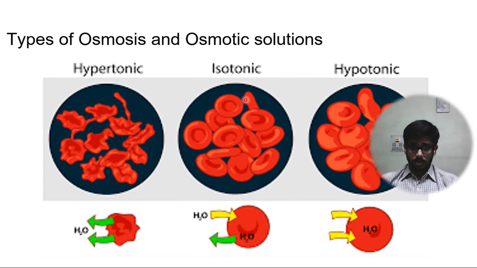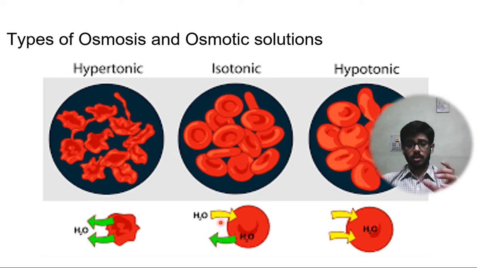Now coming to the third part, where yellow represents coming inside the cell and green represents coming outside. The amount of water coming inside equals the amount of water coming outside, so there will be no structural change in the kishmish.